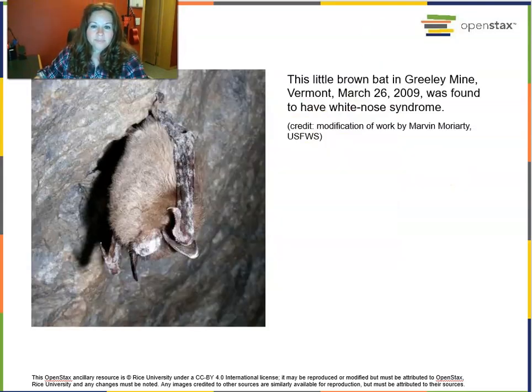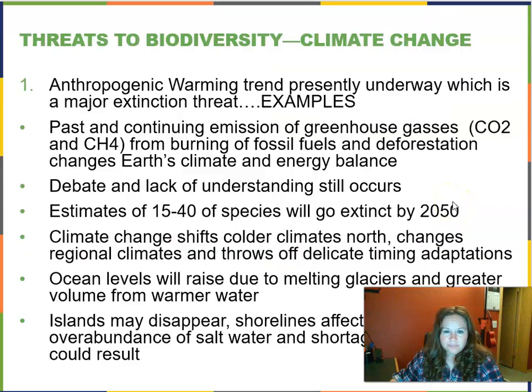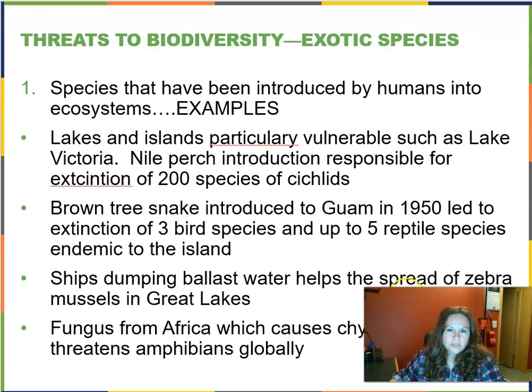The little brown bat from Vermont was found to have something called white nose syndrome, another fungus, which is an exotic species. So those are some examples of exotic species.